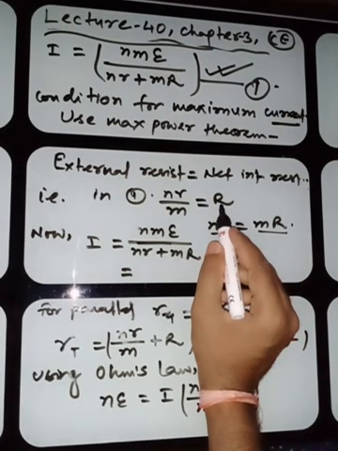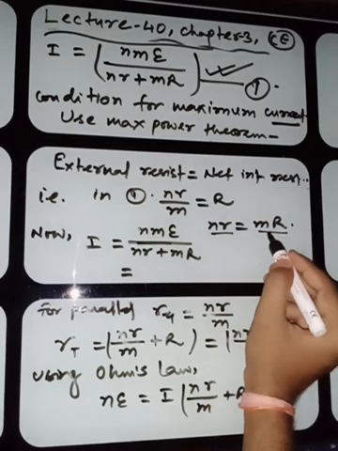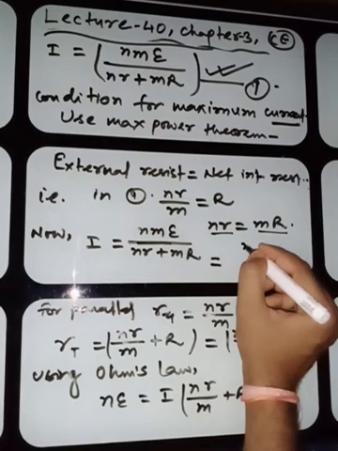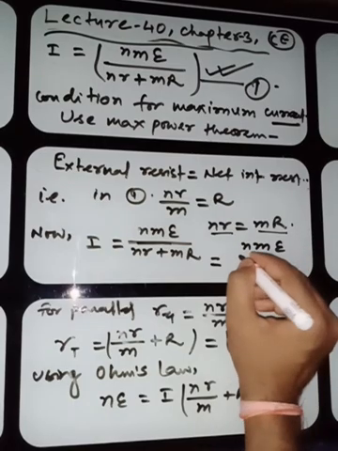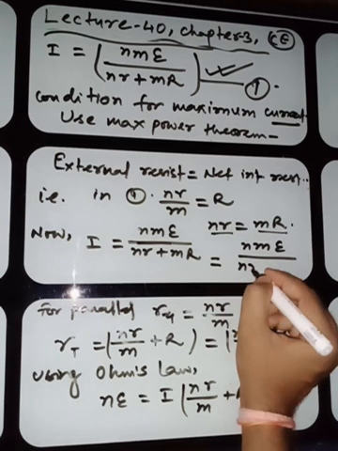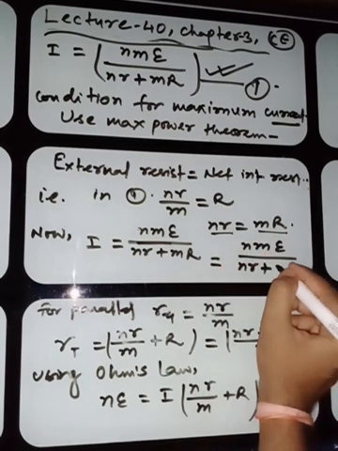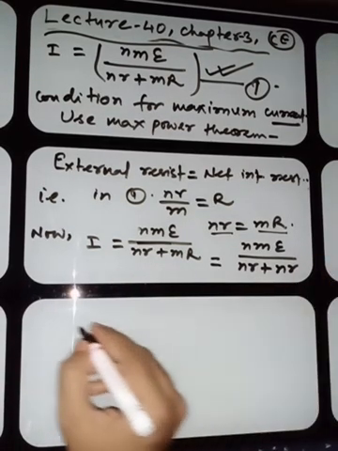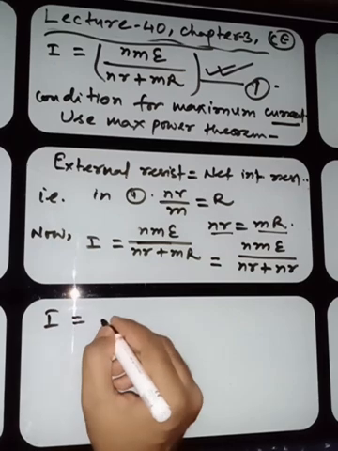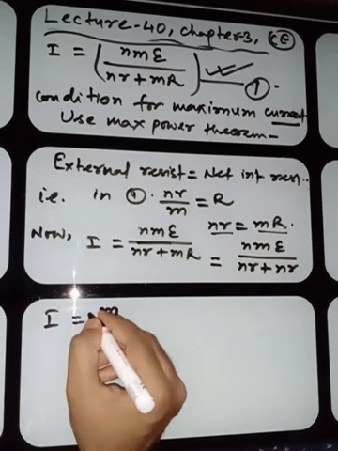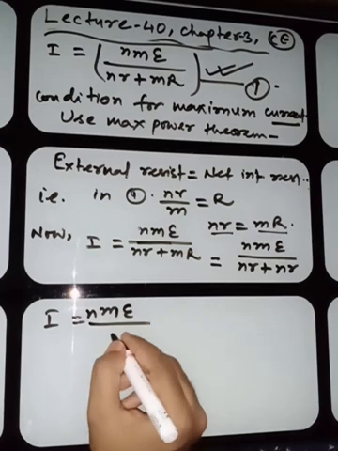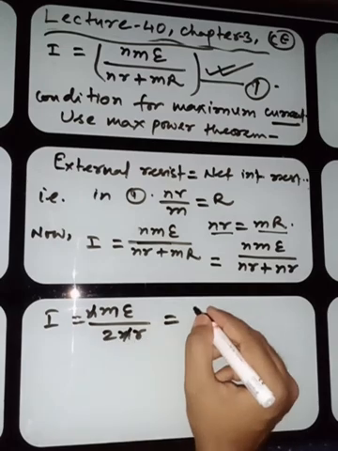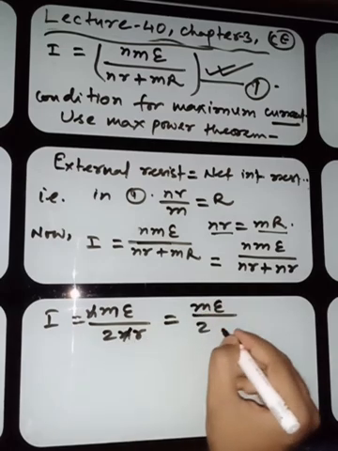That is, MR equals NR. So it will be NME divided by NR plus NR. And then maximum current I max will be NME divided by twice NR. N cancels out, so ME over twice R.